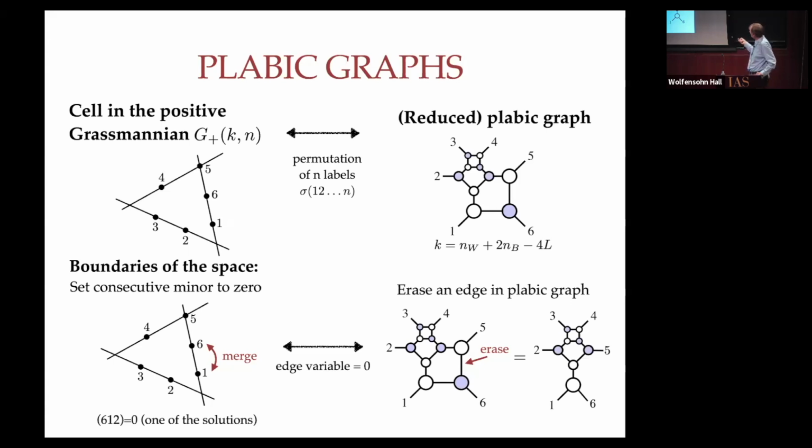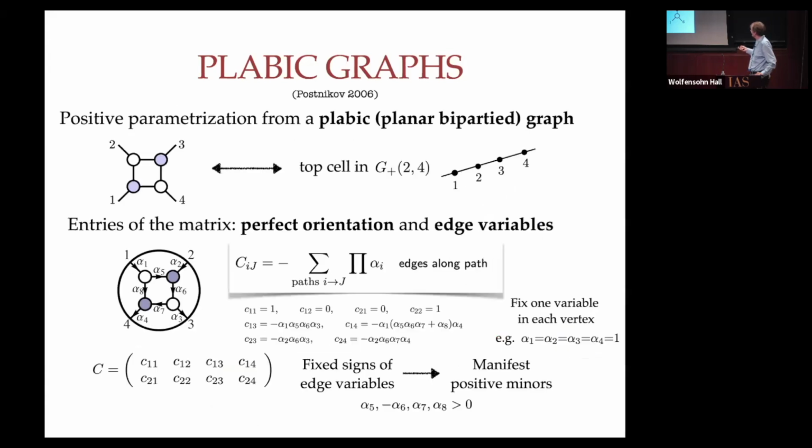Now, we saw that once we are in some cell in this positive Grassmannian, it's easy to access the boundaries. It corresponds to sending the minors to 0, which means merging the points or putting them in special locations. So at the level of the diagram, once I go to this lower dimensional cell by setting some minor to 0, this corresponds to setting one of these h variables to 0 that were here on the graph and removing the edge.